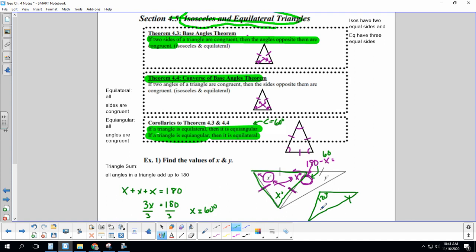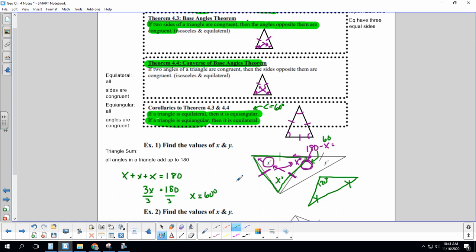And this is y, and this is y, because we have an isosceles triangle, and if two sides of a triangle are congruent, then the angles opposite are also congruent. And this apex angle is 120 because it is 180 minus our x value. I'm going to circle x because it did ask us to find that.